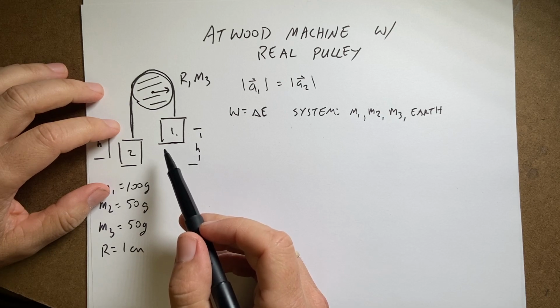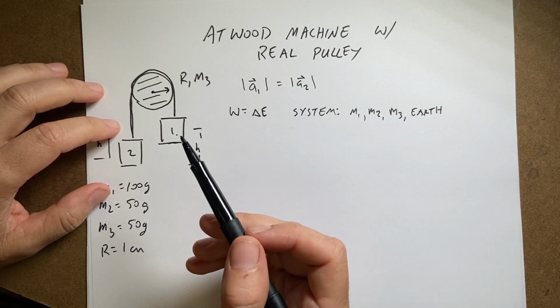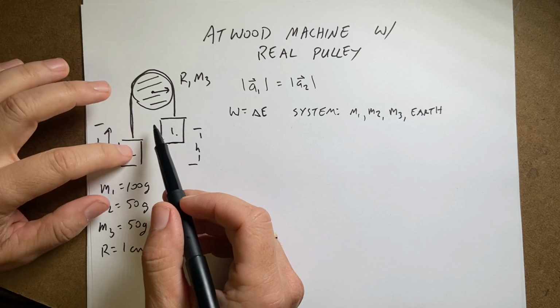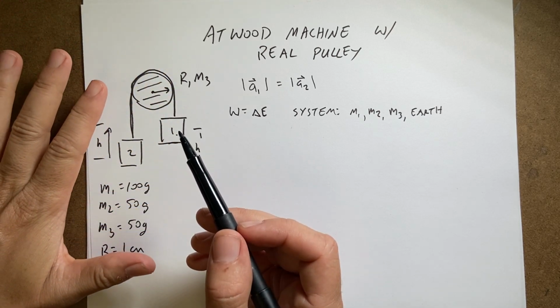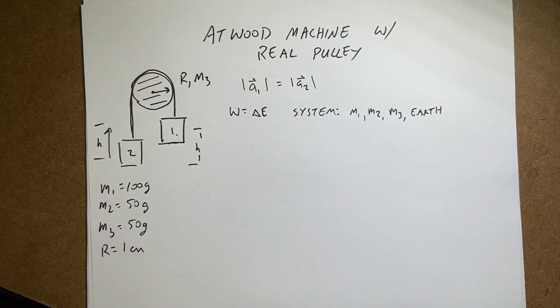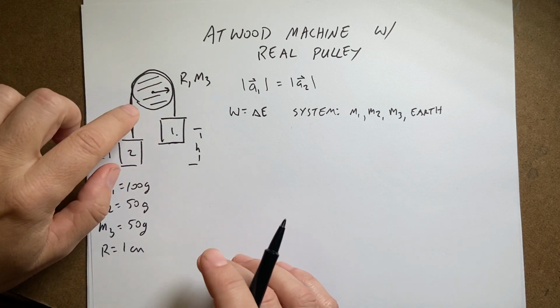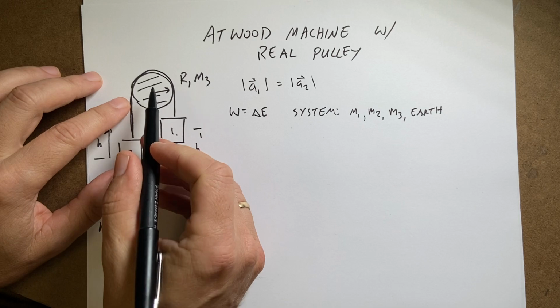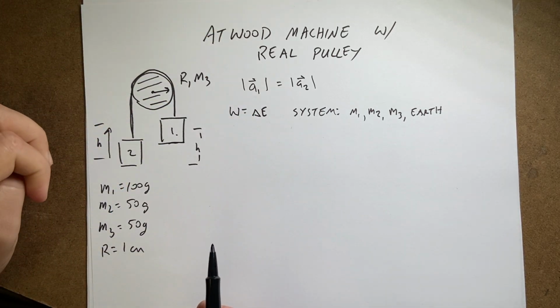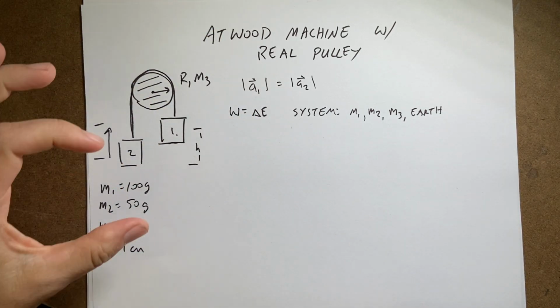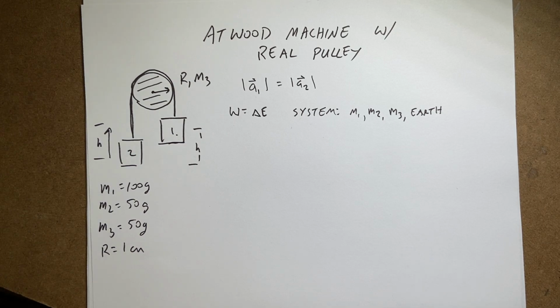Now, what other forces are acting on the system? Well, there is one, right? There's a tension that pulls on all these objects, but that's part of the system, so I don't need to include that as work done. There is one force that's exerted on the system, and that's the normal force. So something pushes up on the pin or holds up this pulley, but it doesn't move, right? The pulley doesn't move up or down, no displacement, so it doesn't do any work.